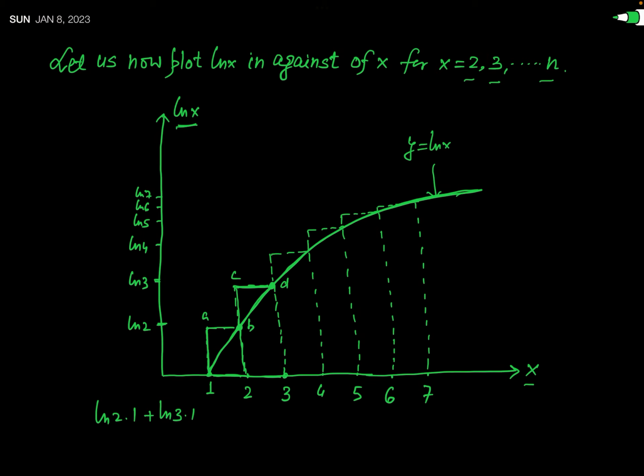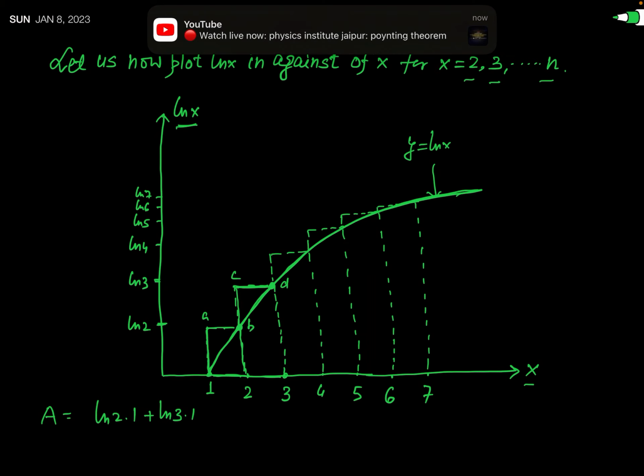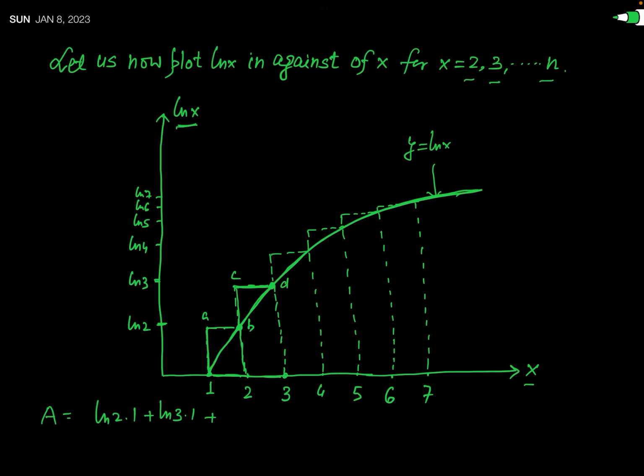Okay, so in this way, if you want to find the area under the stepped curve, what will be the total area? The total area A will be equal to log 2 times 1 plus log 3 times 1 plus so on in this way, and finally we will get log n times 1.